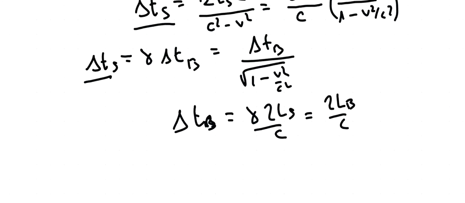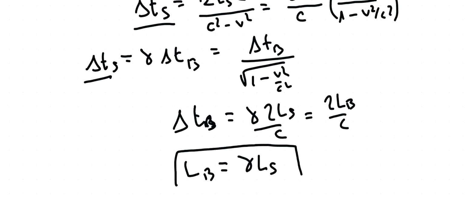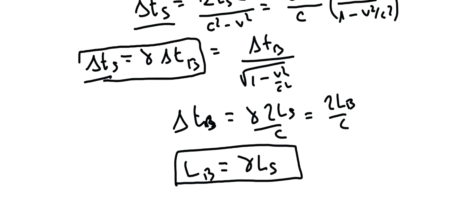So our lb is going to be gamma ls. And that's the equation for the Lorentz contraction. Remember, the earlier equation was the time dilation equation, and this is the Lorentz contraction equation, where gamma is 1 divided by the square root of 1 minus v squared over c squared. And let us see why this is a contraction equation.